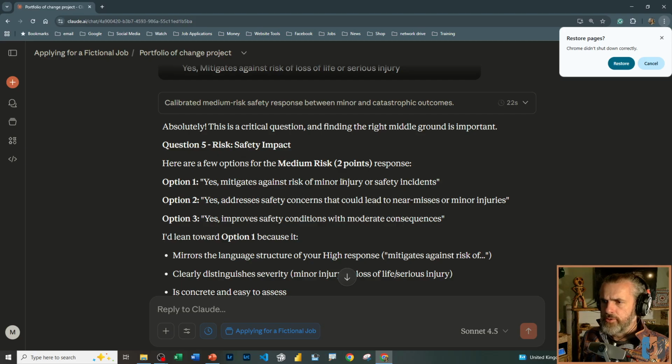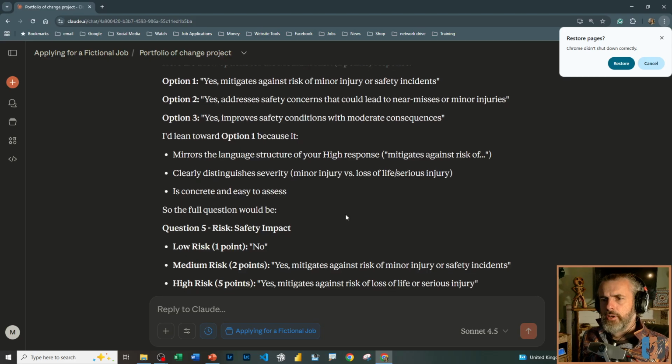It mitigates against risk of minor injury or safety concerns, improves safety conditions with moderate consequences. No, I think option 2 is good. I'd like to leave it at option 1. Mitigates against minor injury or safety concerns, safety incidents. No, I'm going to go with option 2. I like option 2.